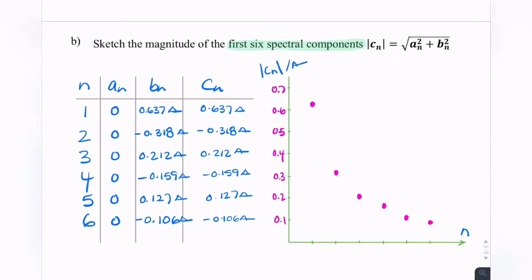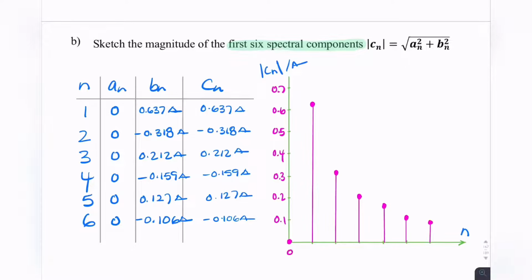And you can add stalks to these to make it clear it's a discrete signal and frequency. And you have at n equals 0, you have a 0.